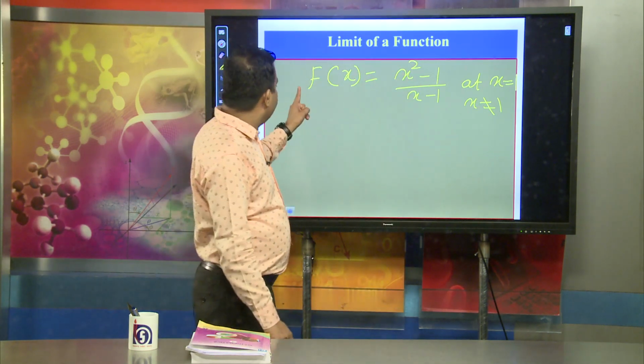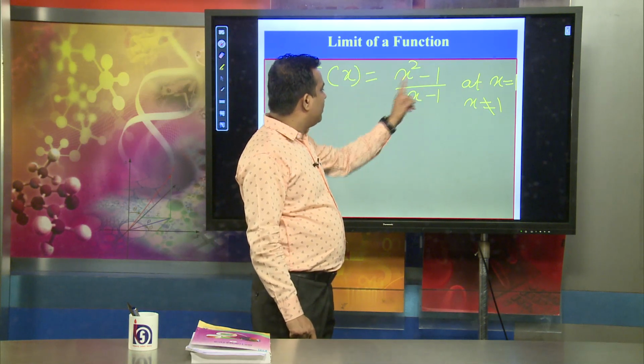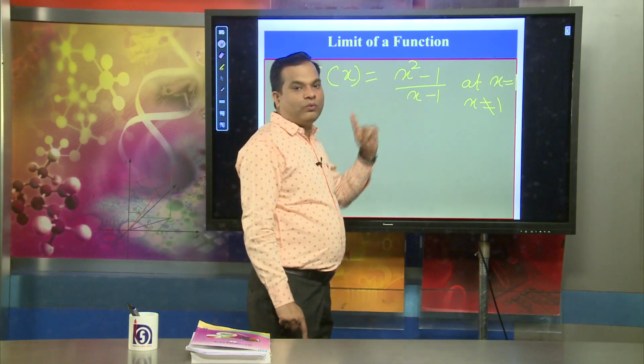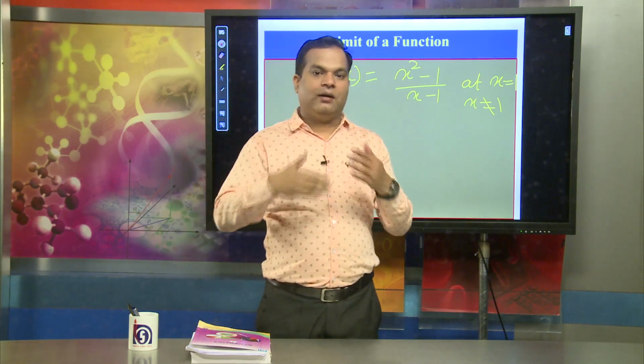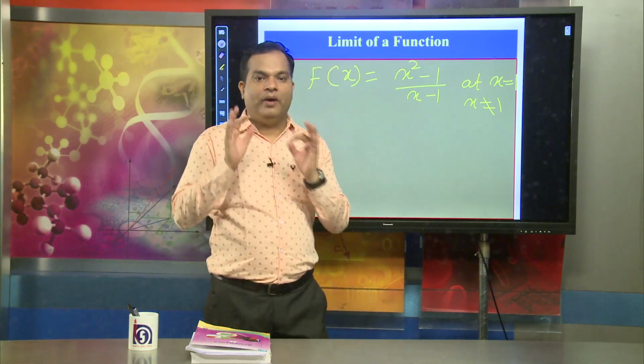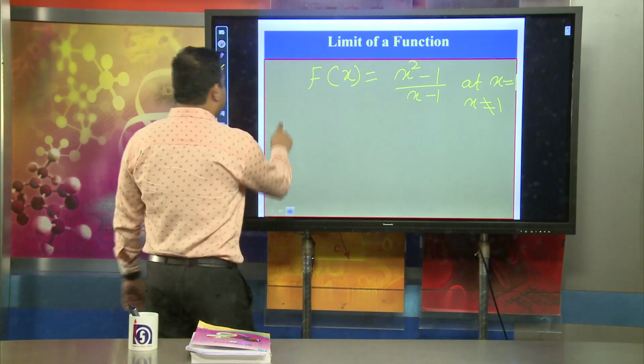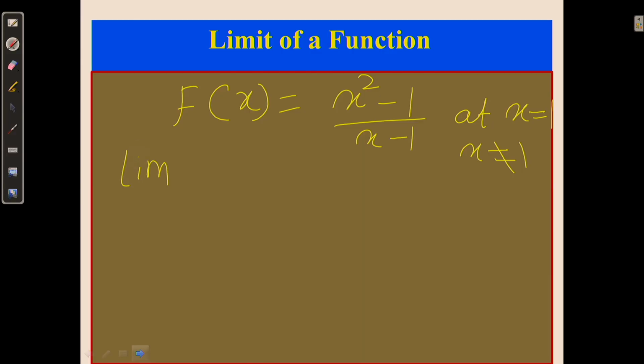When x approaches 1, what will be the value of f of x? Simply, the symbol is LIM in short: limit x tends to 1, f of x equals x square minus 1 by x minus 1. The condition is x not equal to 1.